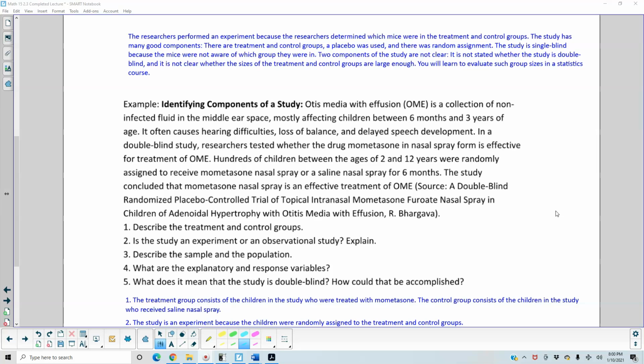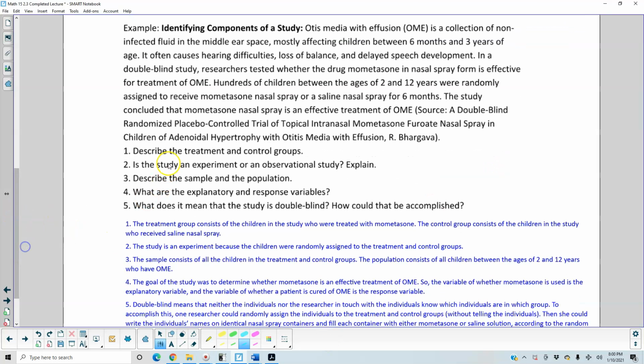In a double-blind study, researchers tested whether the drug mometasone in nasal spray form is effective for treatment of OME. Hundreds of children between the ages of 2 and 12 years were randomly assigned to receive mometasone nasal spray or a saline nasal spray for 6 months. The study concluded that mometasone nasal spray is an effective treatment of OME.